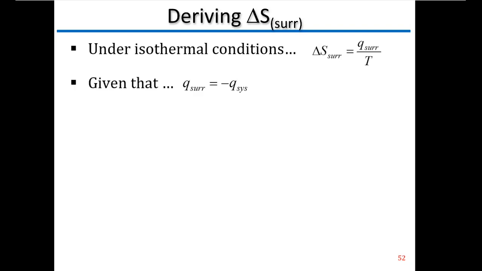Given that, Q of the surroundings has to be minus Q of the system. So the heat of the surroundings must be equal and opposite to heat of the system. So we can say delta S of the surroundings is equal to minus Q of the system over T. Remember Q is heat.